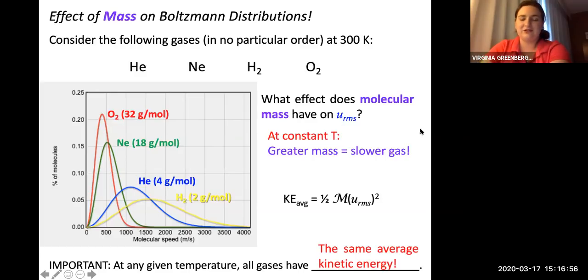Okay, and so just a reminder that for kinetic energy, we can go ahead and take that 1/2 mv squared form, where instead we use molecular weight and RMS speed. And so if we increase our mass, but have a constant kinetic energy, our RMS speed would have to be decreased. Okay, so if one of those two terms goes up, the other one goes down.